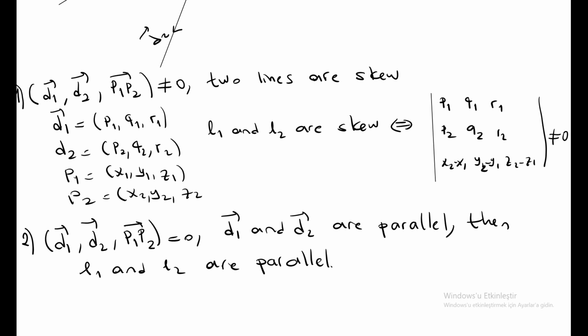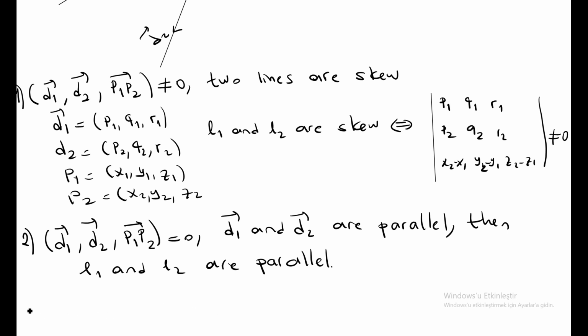Because in this case, these three vectors will be on the same plane, so it means the two lines are on the same plane. So either they will be parallel or they will intersect each other. If the direction vectors are parallel, it means the lines are parallel.